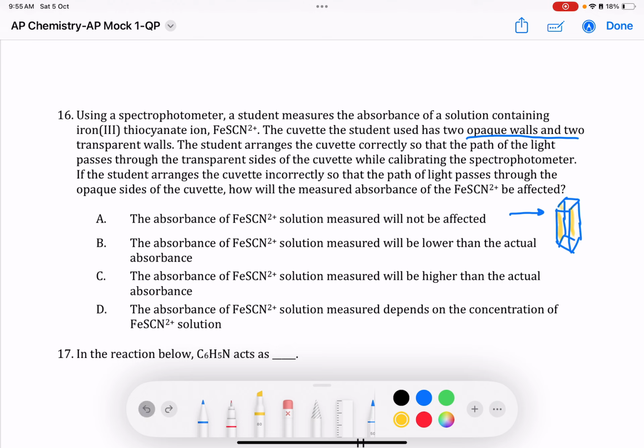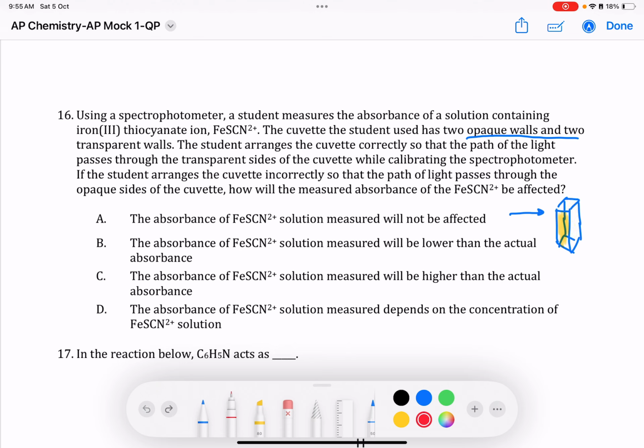Now, if the shaded walls were here, and the light is going from this direction, I hope that my drawing is a bit clear.